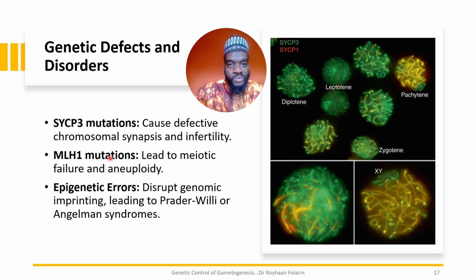Another gene involved in meiotic integrity is MLH1, which is essential for the proper repair of DNA during meiosis, like we discussed earlier. So when this gene is mutated, it leads to meiotic arrest, causing chromosomal abnormalities like aneuploidy, where you have gametes that have an abnormal number of chromosomes. That's aneuploidy.